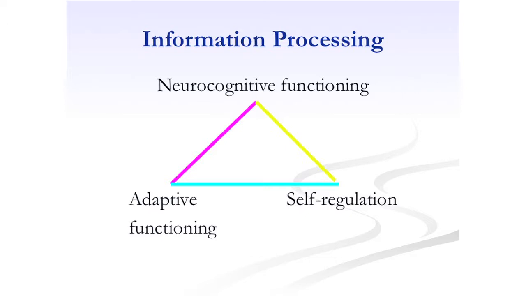The first is neurocognitive functioning, and that's memory, executive functioning. The second area is self-regulation, the ability to regulate behavior and emotions in response to environmental stimuli. And the third is adaptive functioning, the ability to adapt skills to the necessities of daily living.